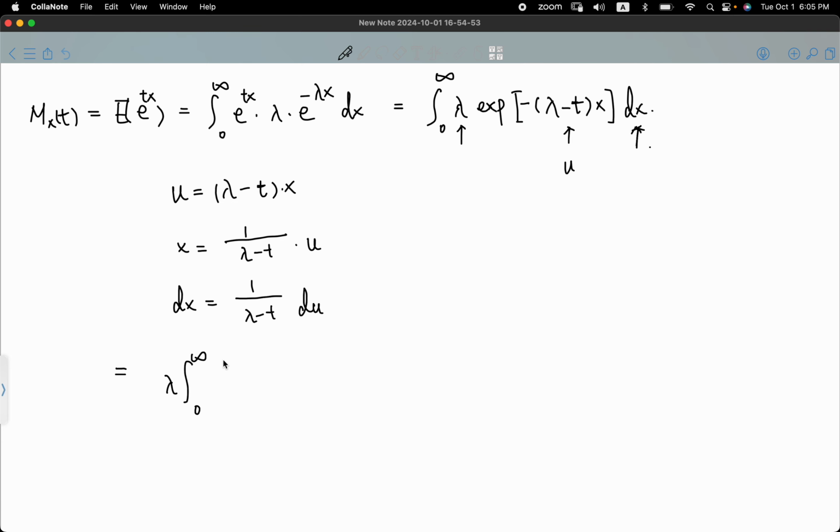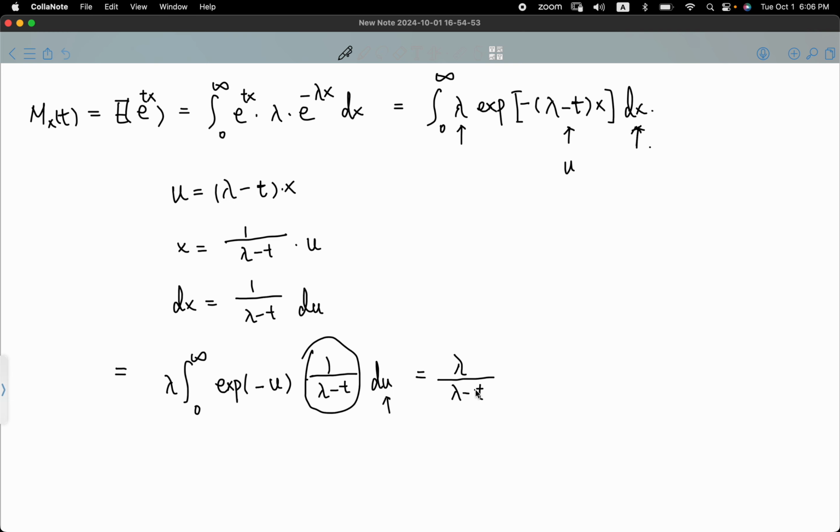What we are left with inside the integral is the exponential of negative u, and then another coefficient 1 over lambda minus t, and then du. Okay, so we can further bring this coefficient outside, as it does not involve any random variable x here, or u in our case.